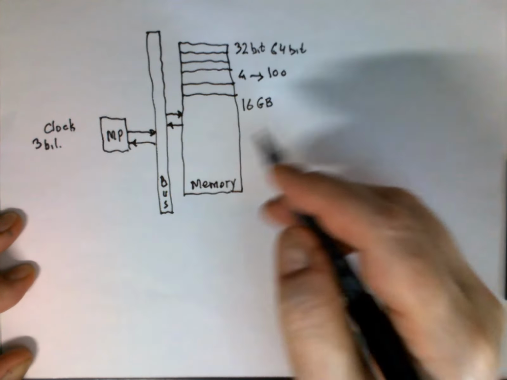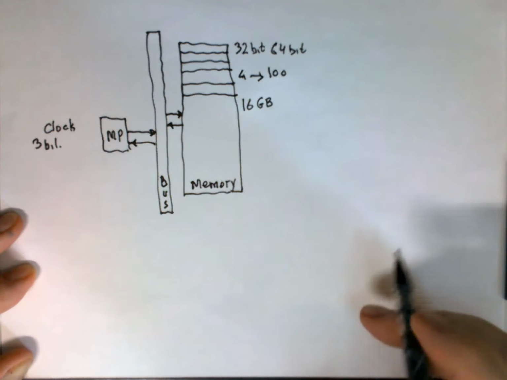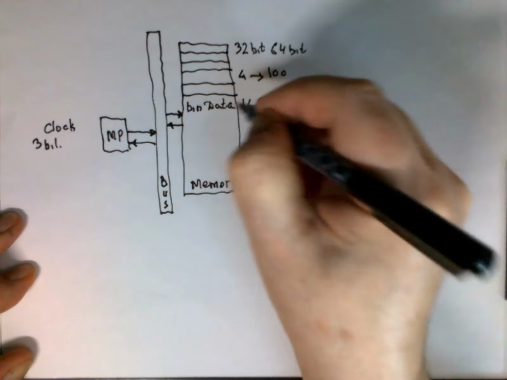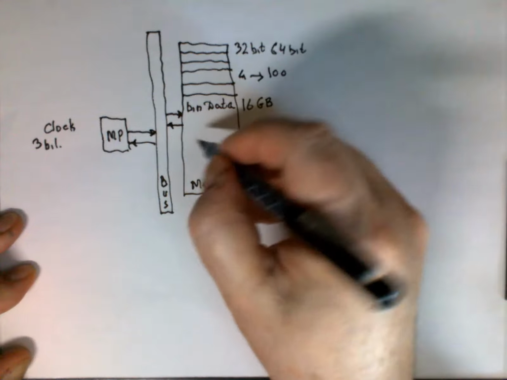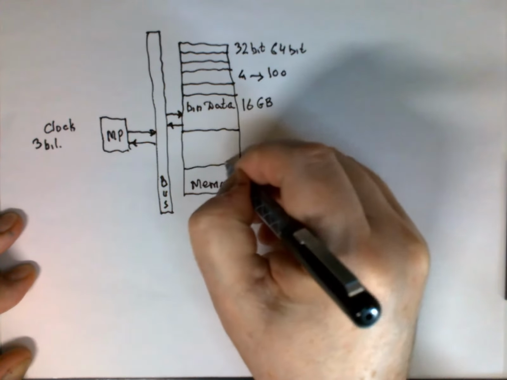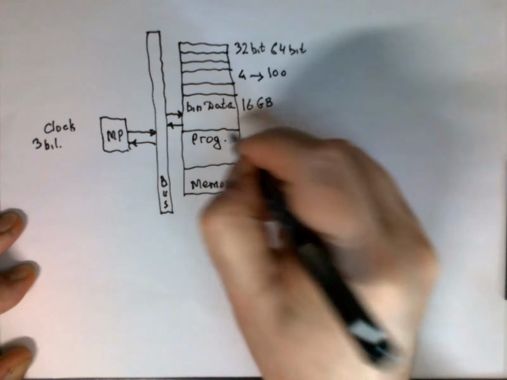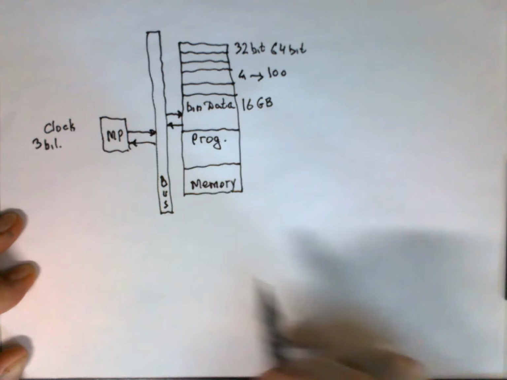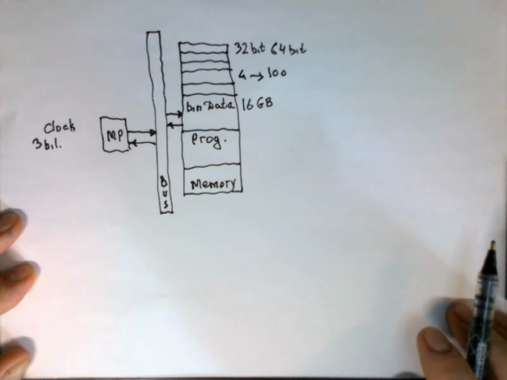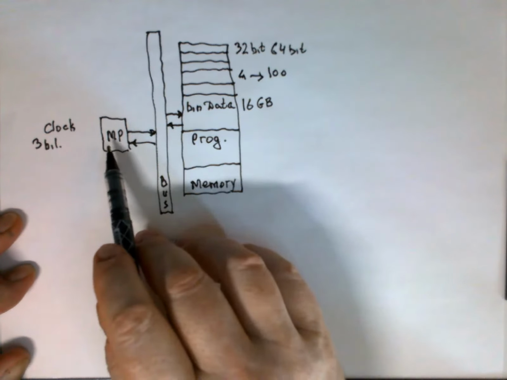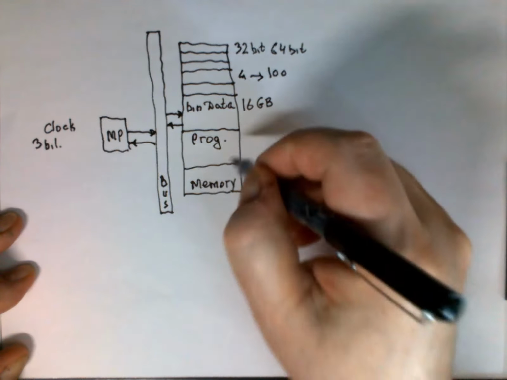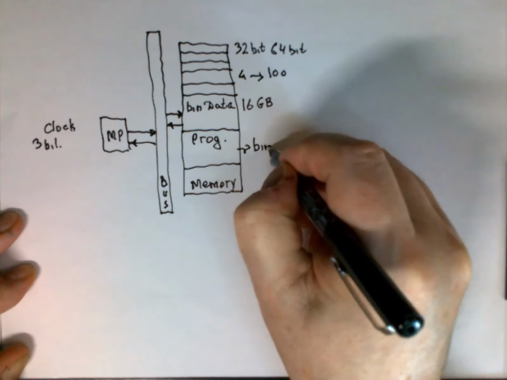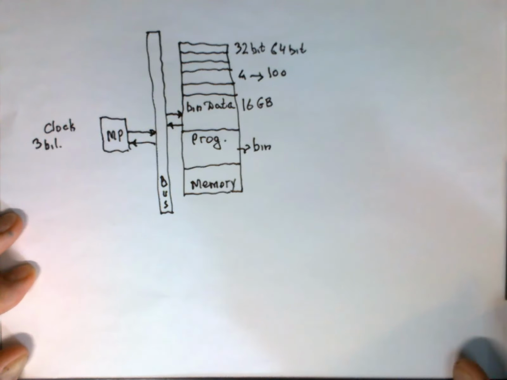Memory is a placeholder for binary data. So binary data is raw information converted to binary form. But memory is also the placeholder for the program. A program, folks, is a set of instructions for the microprocessor. At a certain time, I will tell you how a program can control the microprocessor. A program is also written in binary form or converted into binary form.